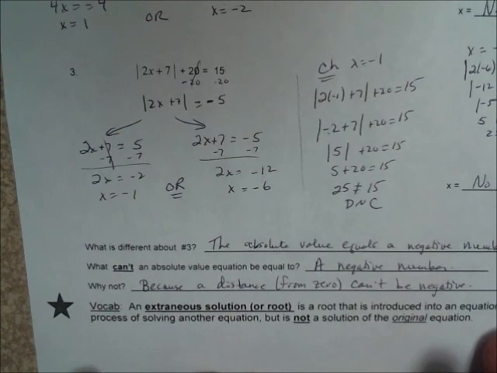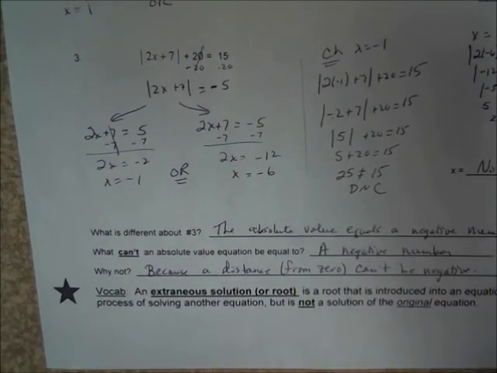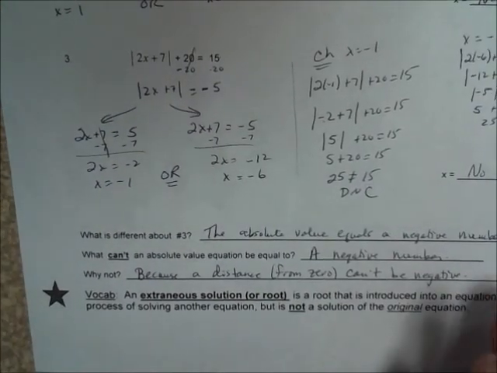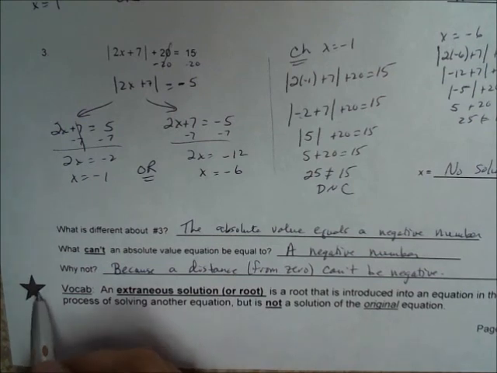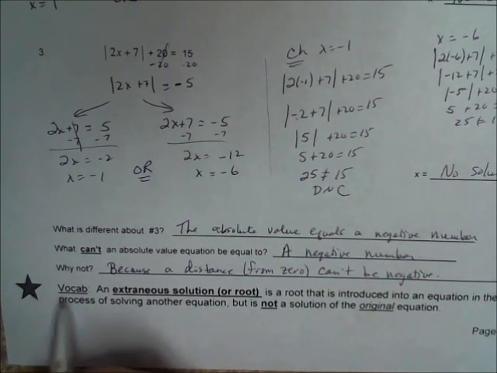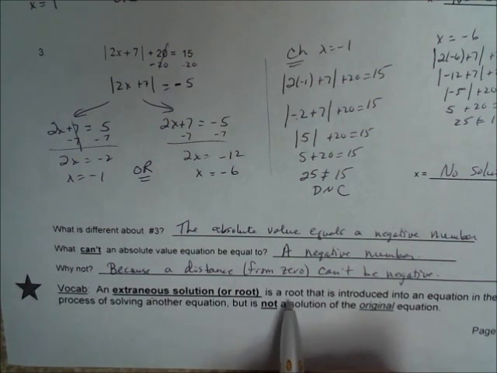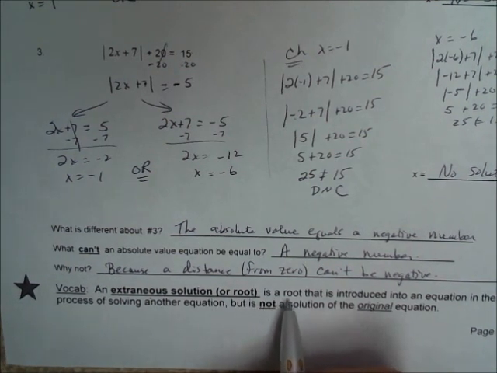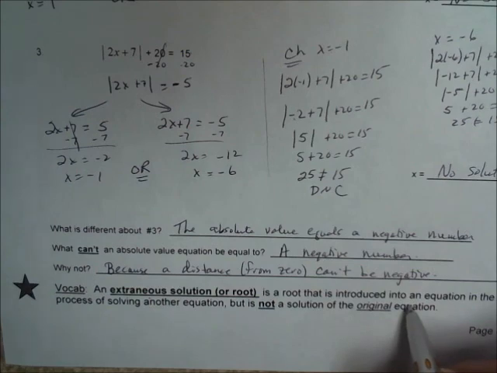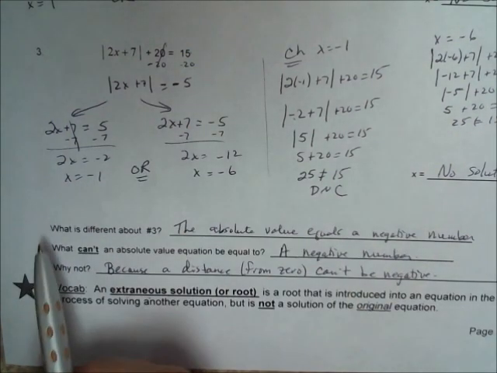So here's a new vocabulary word for you. Probably you might have heard it before in Algebra 1, but maybe not. This is really important. That's why there's a big fat star here. There's something called an extraneous solution or an extraneous root. And an extraneous root is a root that's introduced into an equation in the process of solving another equation.